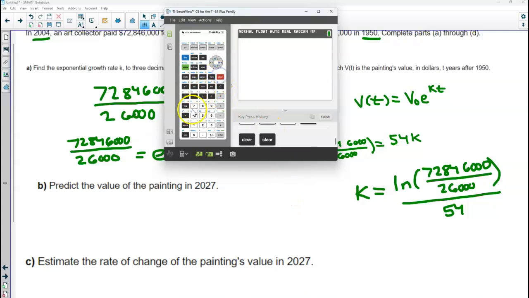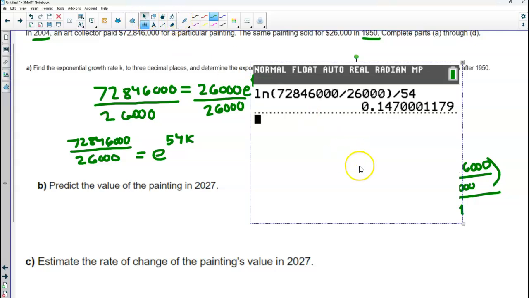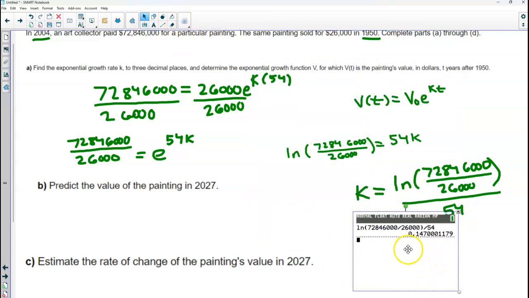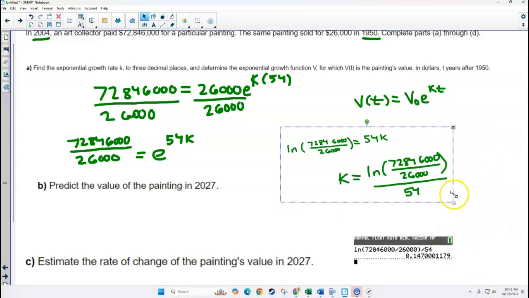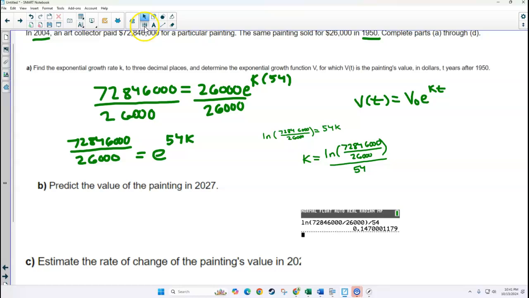So we have the natural log of our 72,846,000 divided by our 26,000. Close parentheses, divided by 54. So here's our growth rate, and then we will just round that accurate to 3 decimal places, which is what the problem is asking for. So we'll use k is equal to 0.147.